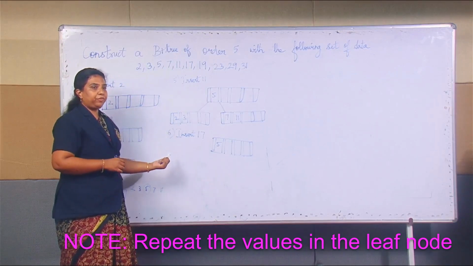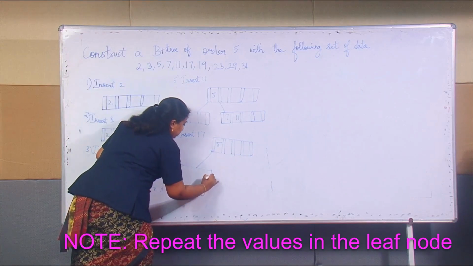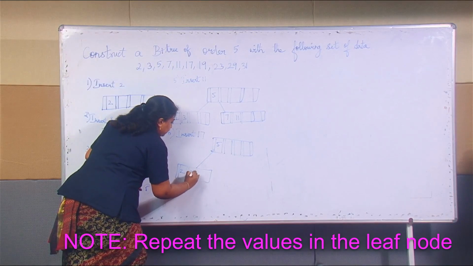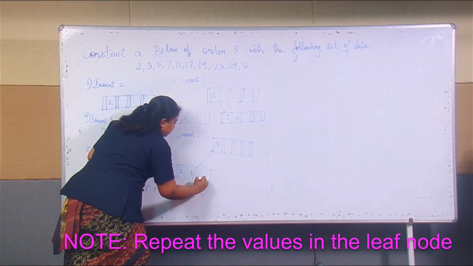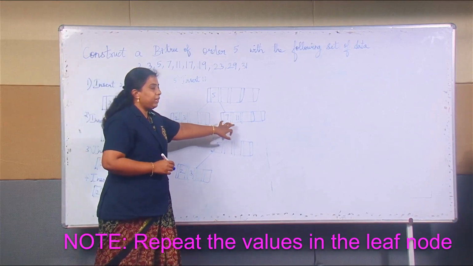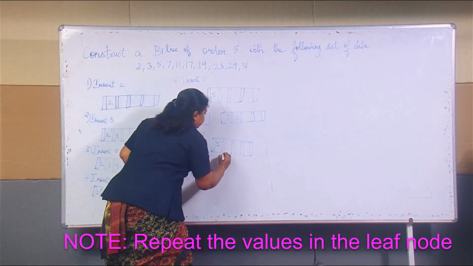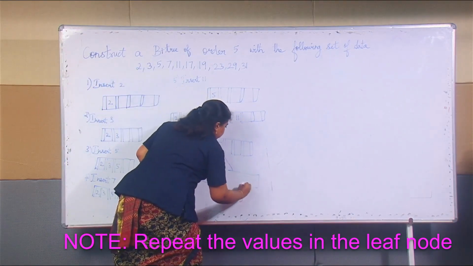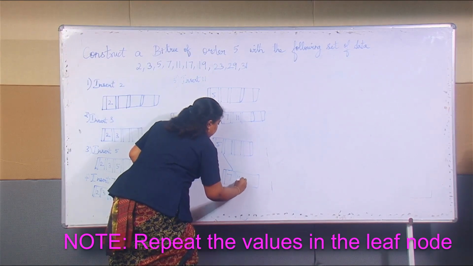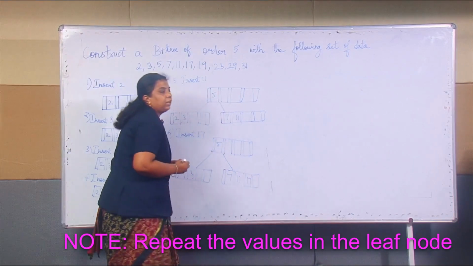On the left hand side of 5 we have 2 and 3, and on the right hand side of 5 we have 7, 11 followed by this new number 17, and one empty node.